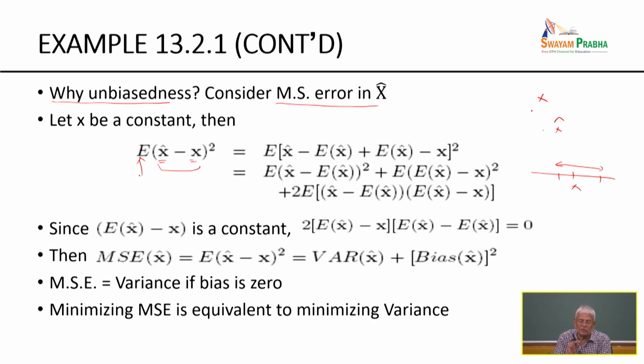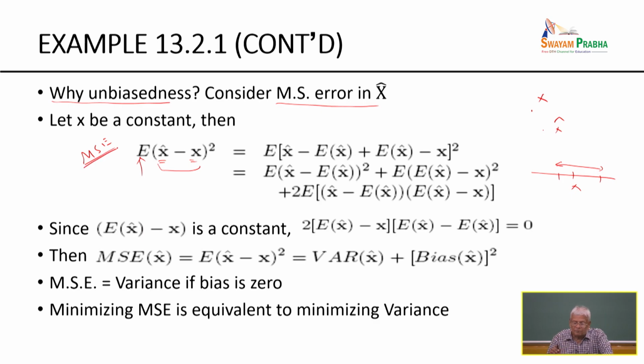Taking the expected value is called the mean, so it is a mean square error, MSE. It is equivalent to the sum of squared errors that we saw in least squares theory.